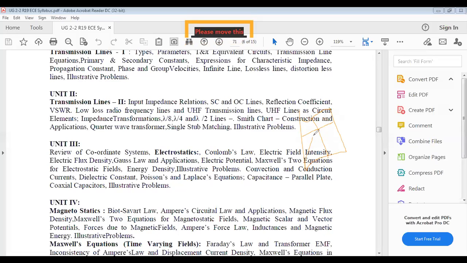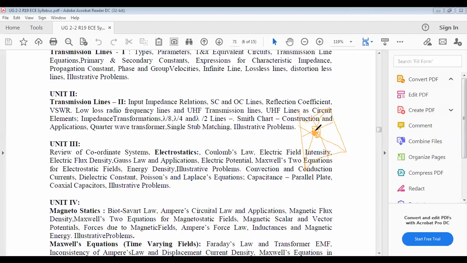Basically this is called a multi-dimensional system. According to that intersecting point, we have to tell that this point is located here.